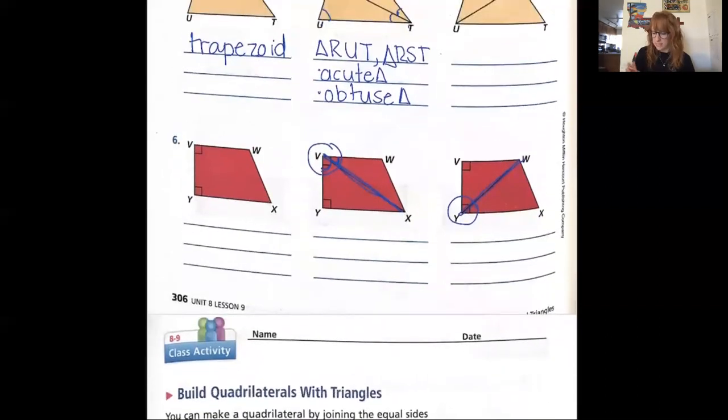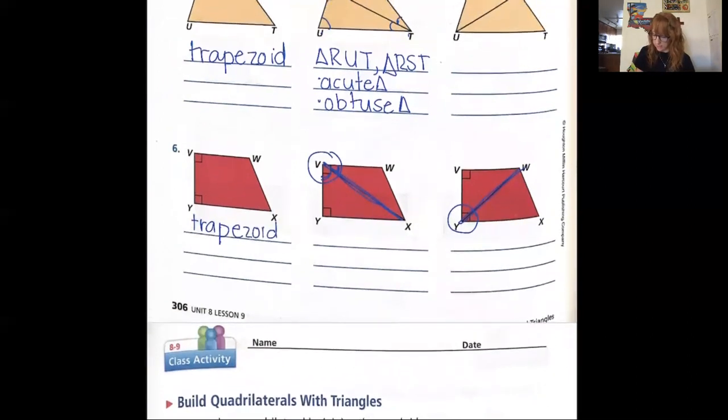For number 6, the shape that we have is a trapezoid. And then I'll just get you started again, just like I did on number 5, with our triangle names, and I'll let you determine what kinds of triangles we have. So we have triangle, I'll clean this up for you.